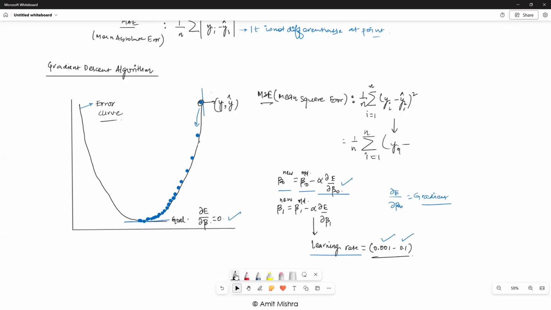This yi hat is your predicted value, and predicted value means we have beta naught plus beta 1 into x. We take the square of this. Now this is beta naught plus beta 1 into x. In this case, x is your input data, so we don't change much in the input value. It remains as it is.